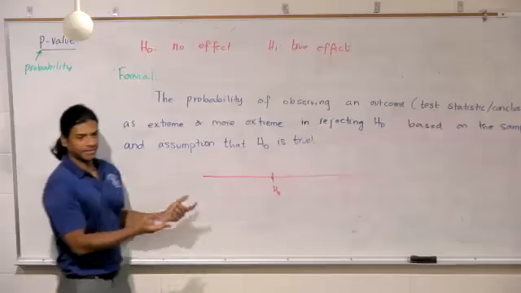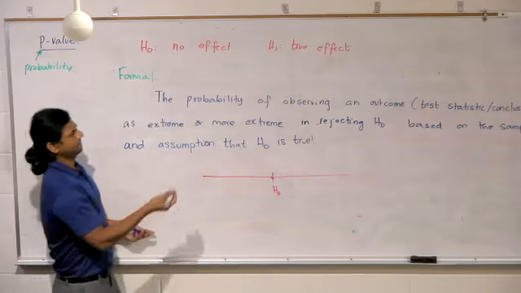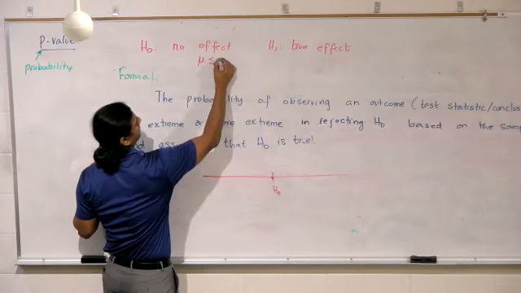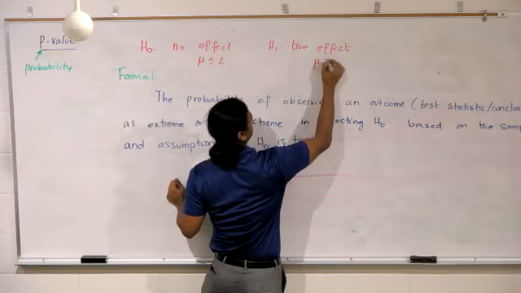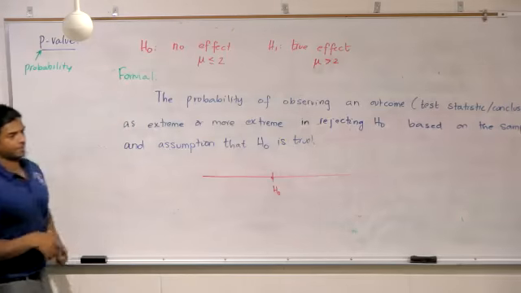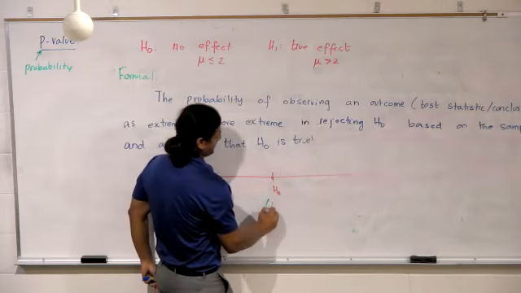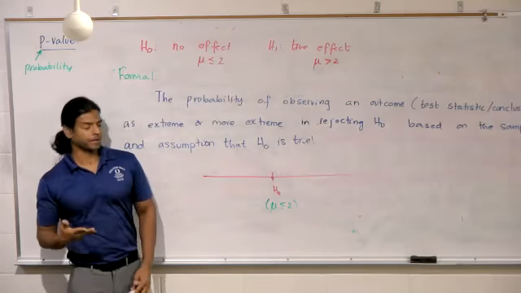Let's say the null is over there, right in the middle. Last time we did mu less than or equal to something like that. Alternative would be greater than 2. Yes. So the null is mu less than or equal to 2.